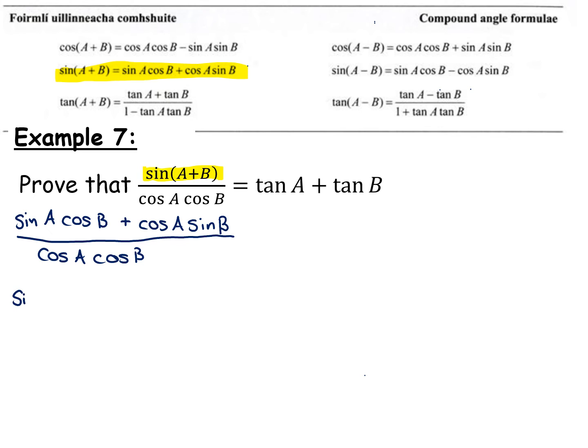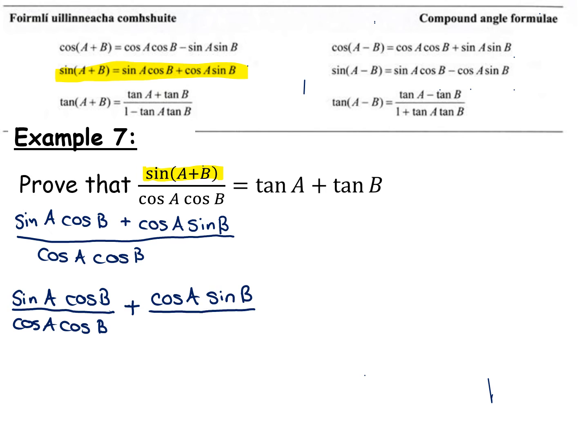So we're going to have sine of A cos of B all over cos of A cos of B. So this is like the backward step to combining my fractions. I'm going to separate it out. Sometimes separating it out gives us a little bit more control on what we're doing, and you'll see now what exactly we'll be able to do.